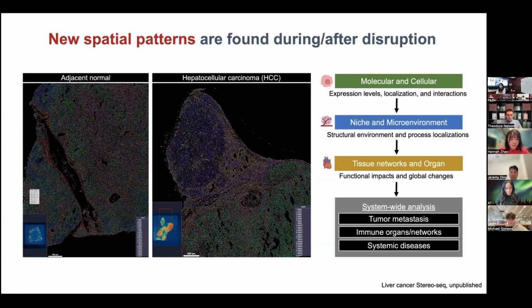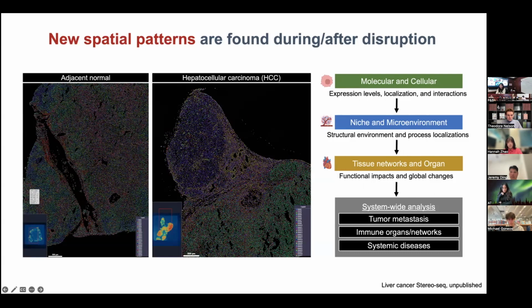But also what we are personally interested in is that we're still finding different patterns within tumors and within normal organs. And a lot of the conversations have now moved from single cell to niche and microenvironment. Tumor microenvironment dynamics has been quite a hot field in the past few years or even more. And now we're starting to look into how we can connect these microenvironments into tissue networks and organs.